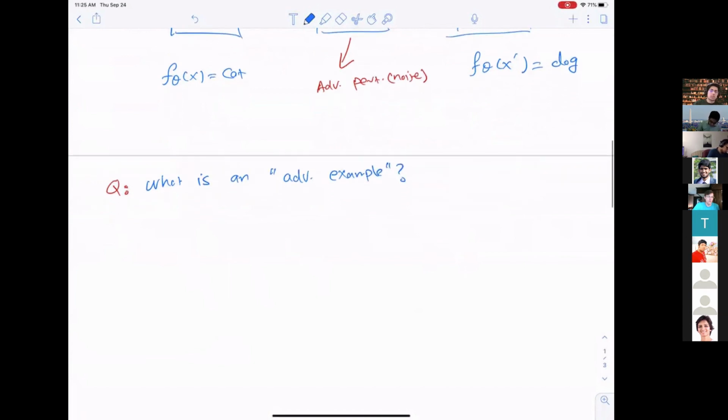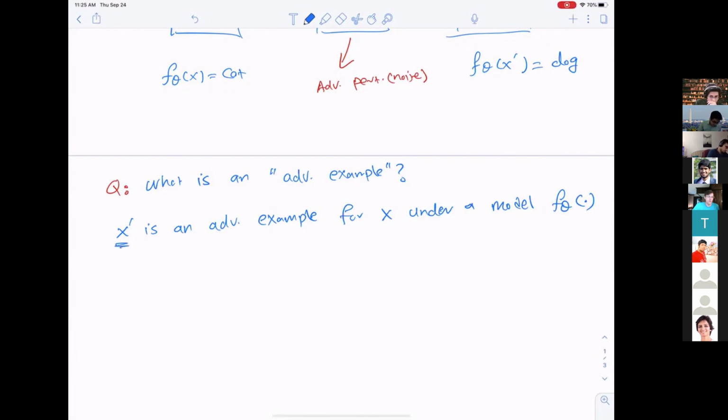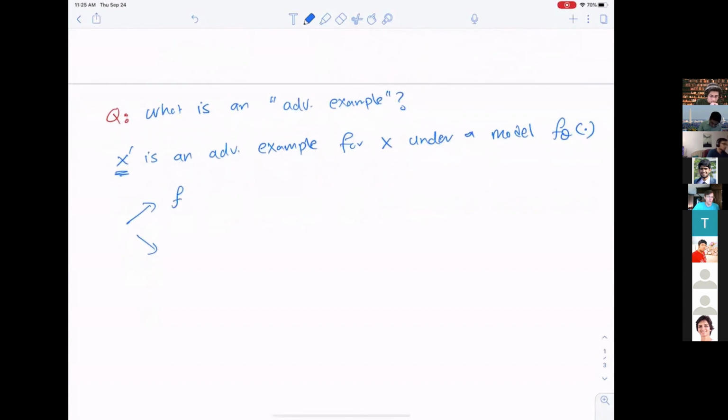All right, so we say X prime is an adversarial example for X under a model, let's say F theta of X. My model is trained, theta is the model parameter, X is my input. I'm going to say X prime is an adversarial example if two conditions are satisfied. One is, obviously, I want my model to have different predictions for X and X prime. So F theta of X should be different from F theta of X prime.